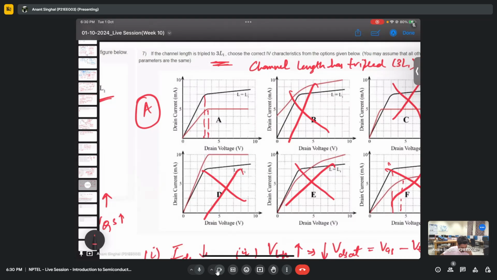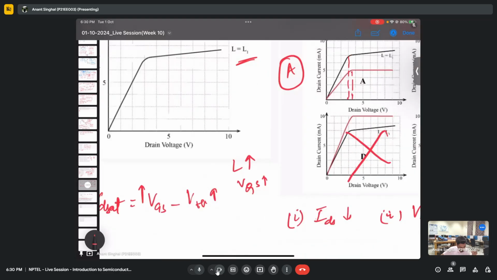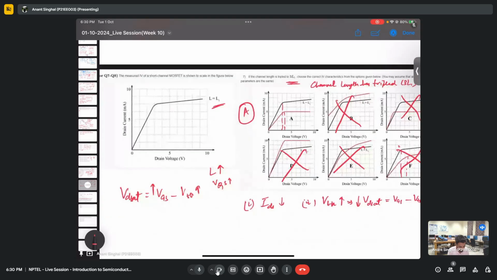And for a long channel, I do understand that I'll require a higher VG to reach the certain VTH, but that means the effective VD sat depends upon both the terms. So what is the case? Maybe you can think of it. Let me also think of it, and we can discuss this in the next lecture.